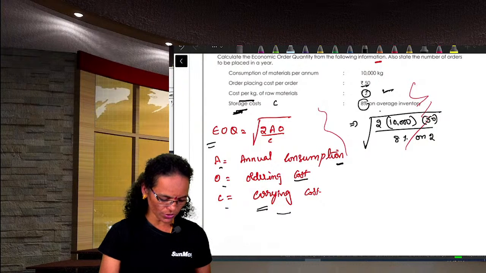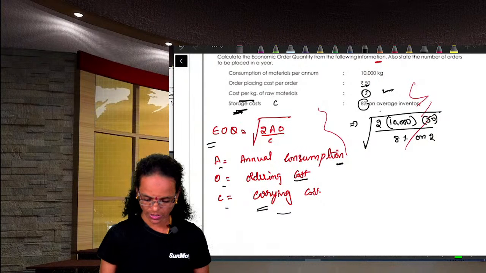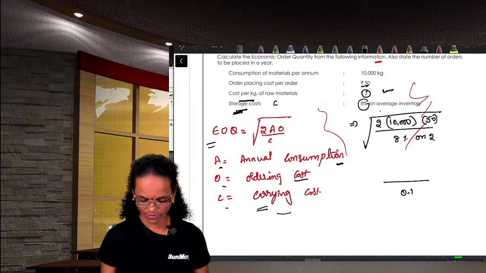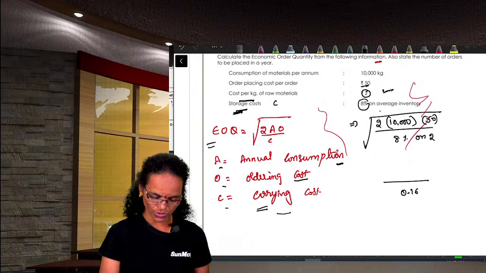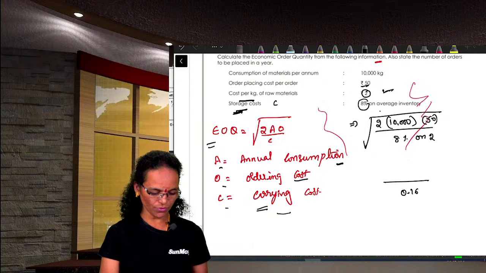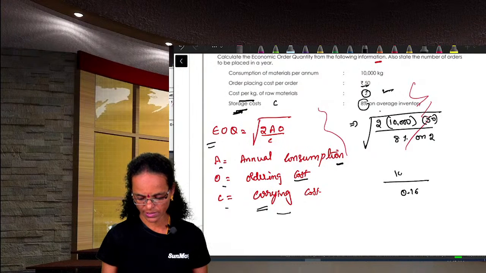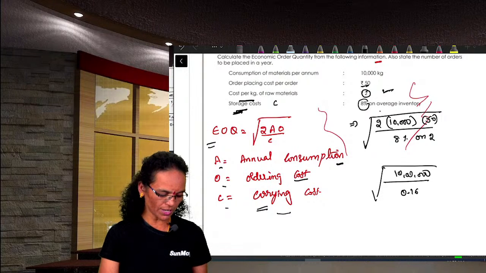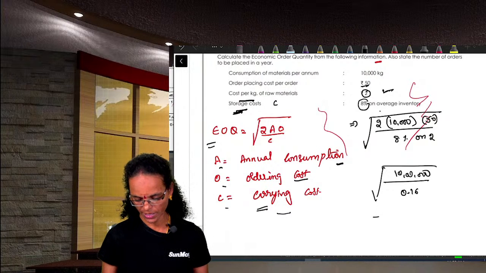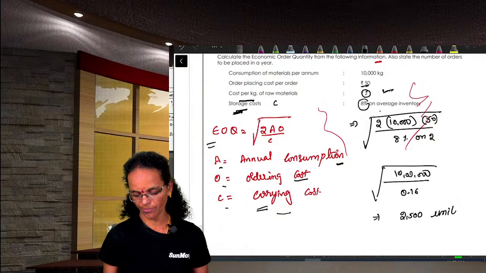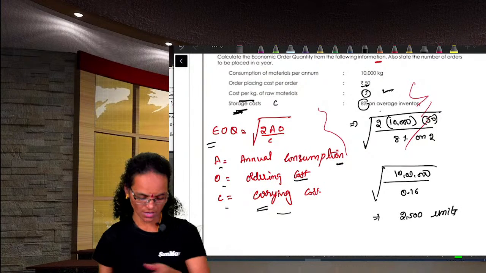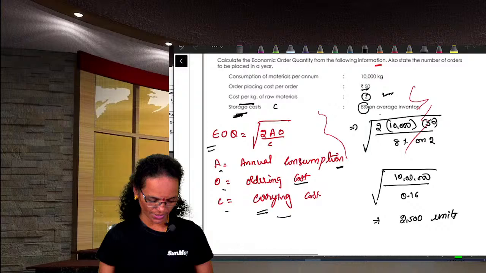First you calculate 2 into 8%. You get 0.16. 2 into 10,000 into 50 is 10 lakhs, divided by 0.16, under root. Directly you can write 2,500 units is the economic order quantity.